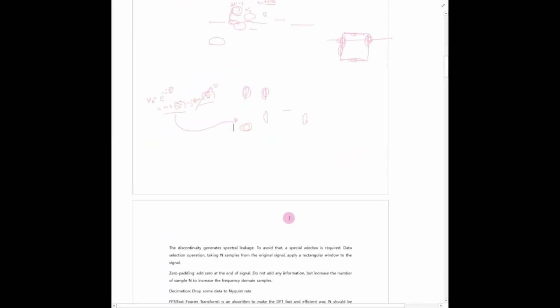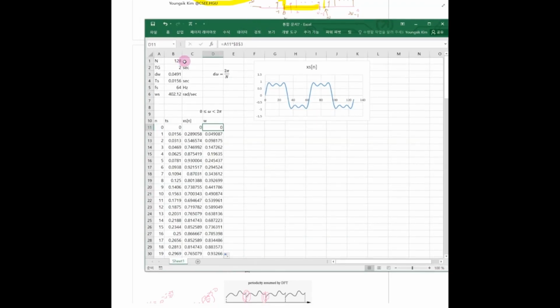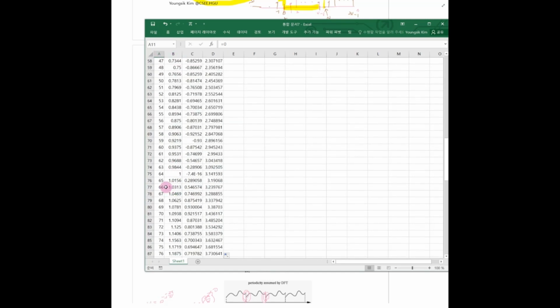To do that, we talk about the frequency index from 0 to 1.5, the Nyquist rate. So at this moment, we have 128. So this one is 0 to 64. Half of N is 64. That's the Nyquist frequency. So this is the Nyquist frequency at this moment.